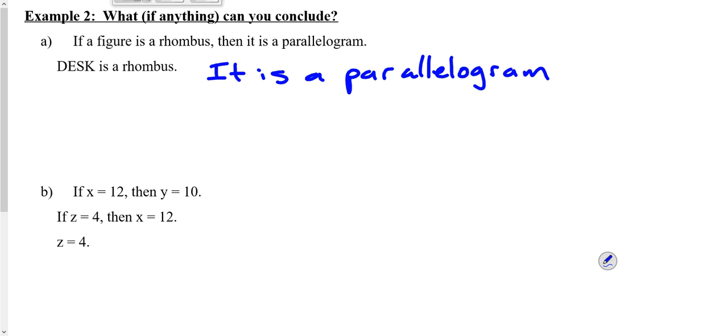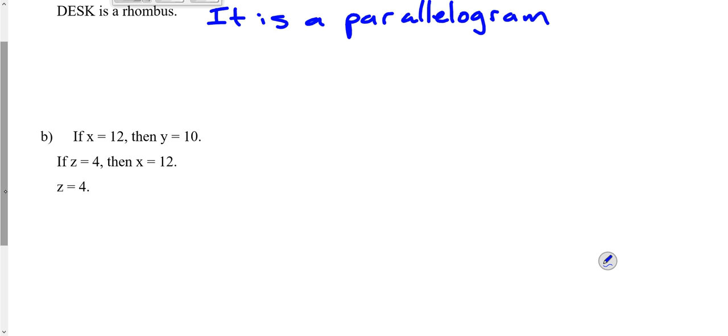So anytime z equals 4, x will equal 12. And then here's the fact that we know: z equals 4. So what happens if z equals 4? We know x equals 12.